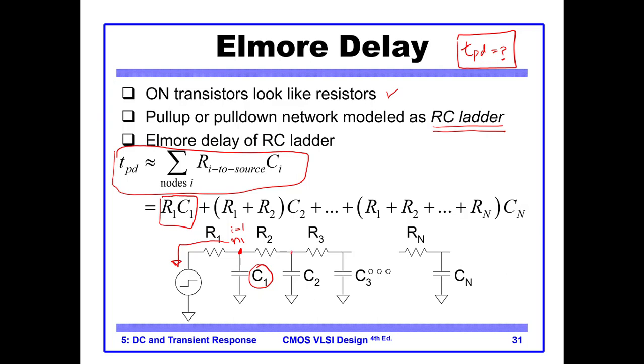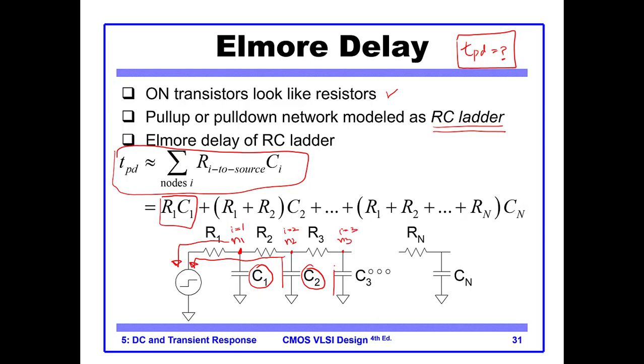Okay. Next we come to node 2. Here I is 2. What is the capacitance on the node? It is C2. And then I start from node 2 and I move all the way to the source. How much is the resistance I see? It is R1 plus R2, into C2. Okay, so we go like this. Then I come to node 3 where I is 3.